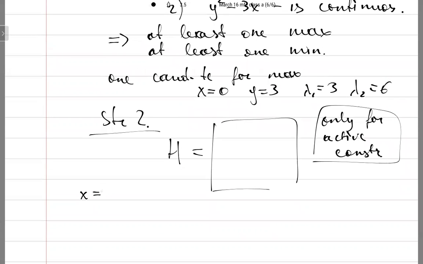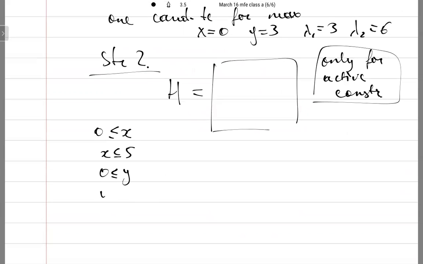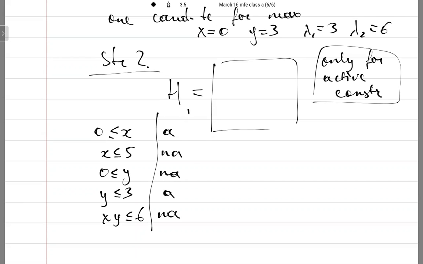Let me recall all the constraints. That one is active, that one is non-active, that one is non-active, that one is active, that one is non-active.